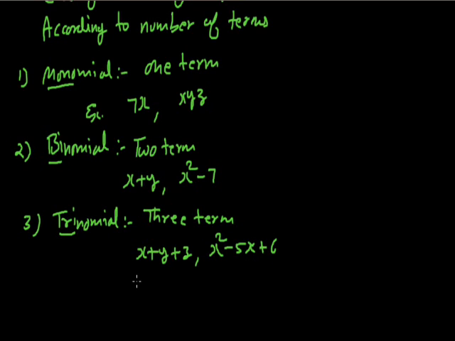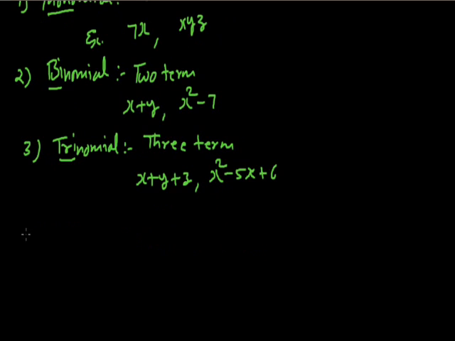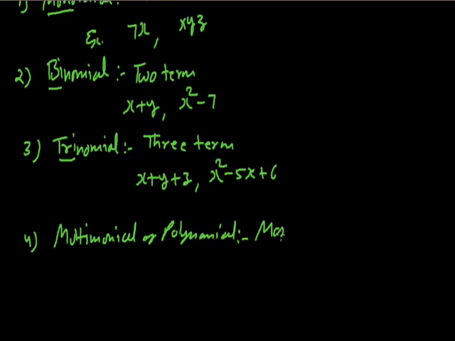Now, if a polynomial contains more than three terms, we simply call it a multinomial or simply a polynomial.